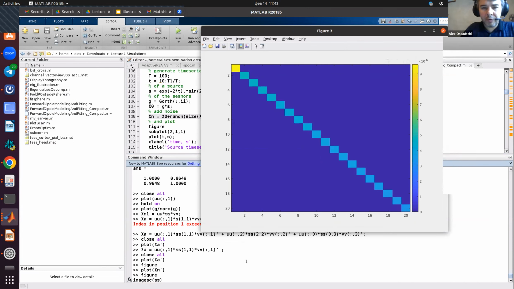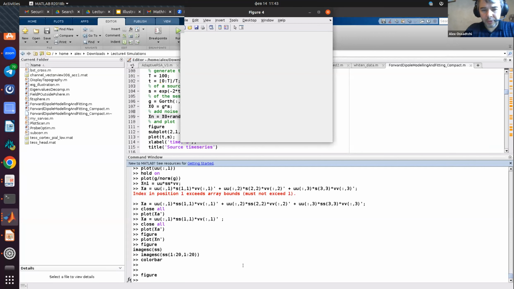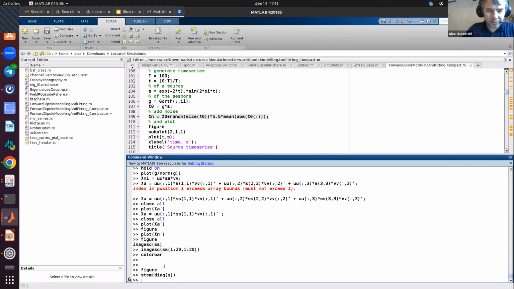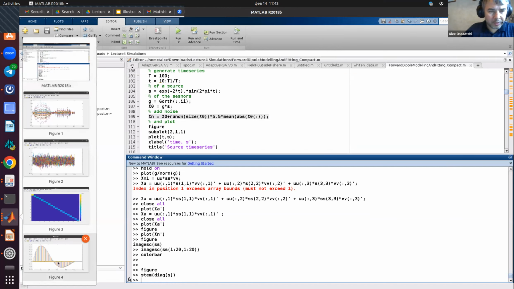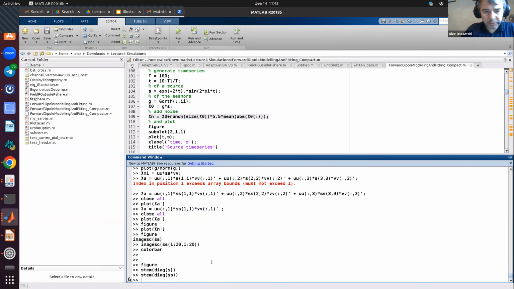We usually, when we work with this matrix, will be plotting not the rest of the matrix, but only the diagonal of this matrix, and I use stem to plot this diagonal. It just makes a nice plot. Sorry, yeah, I make mistakes all the time.